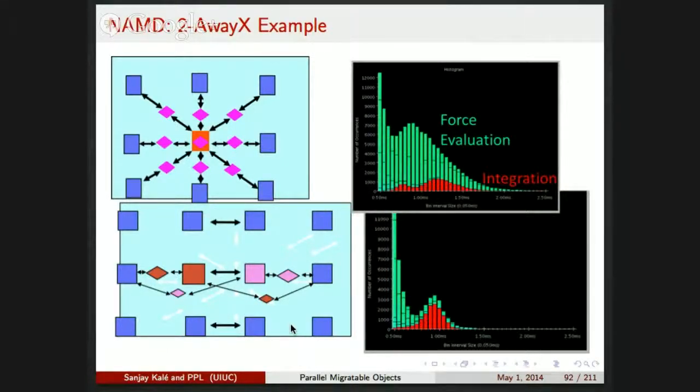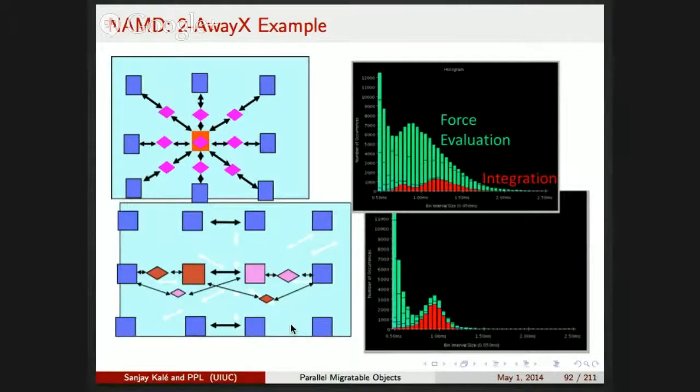So what do we do in this case? Well, we can do 2-away, 3-away, or k-away. We split the cell into 2. But now to calculate the force interactions with this cell, you will have to talk to not just one neighbor, you'll have to talk to 2 neighbors.